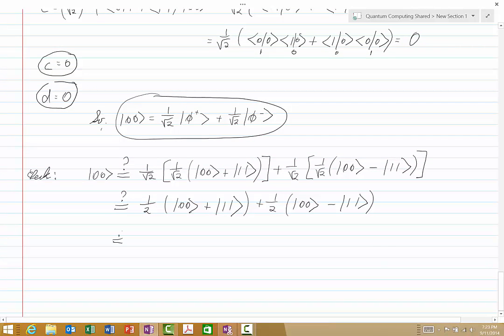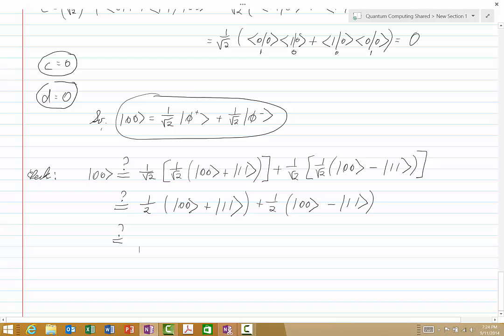And it's easy to see here, I think, that this does work out because the 1, 1 terms will drop out because this one's preceded by plus and this one's preceded by minus. But the 0, 0 terms will combine. We have 1/2 and 1/2.